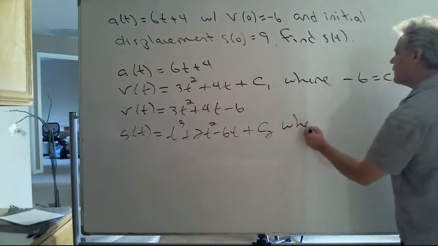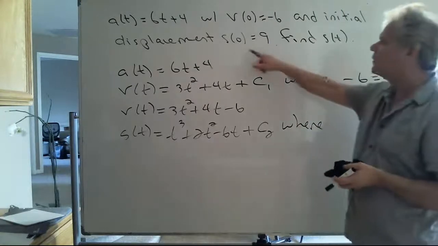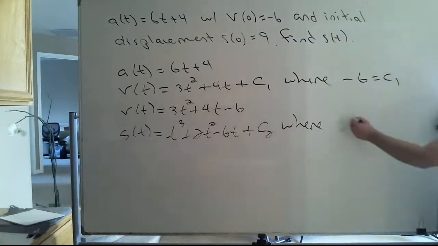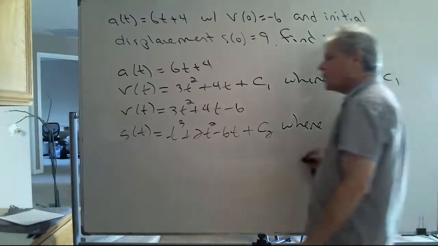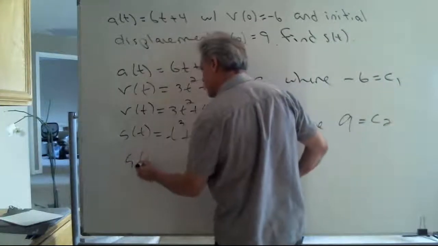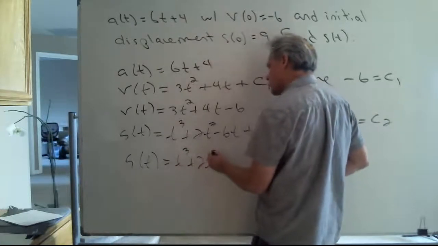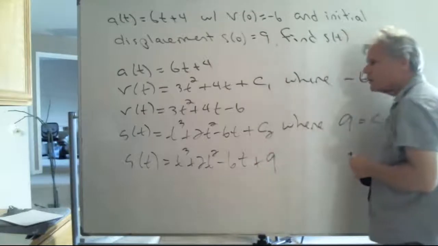I was given another initial value condition, namely that when t is equal to 0, the corresponding position, or s value, is 9. Does that give me that 9 is equal to a few zeros plus c sub 2? So finally, my position at time t is given as such. There's my position function.